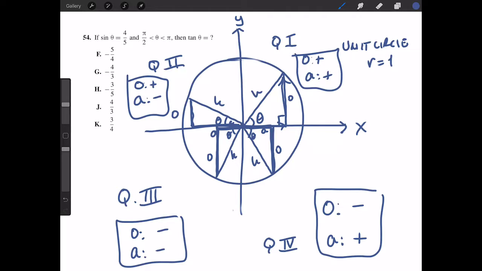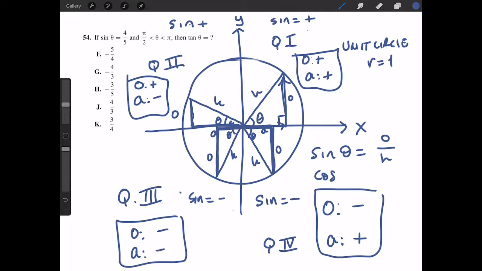Well, simply because when we talk about sine of an angle, for example, sine of the angle is always equal to the opposite over the hypotenuse. The hypotenuse is always positive, but because the opposite is going to be positive in quadrants 1 and 2, but negative in quadrants 3 and 4, sine is going to be positive in quadrant 1, positive in quadrant 2, but it's going to be negative in quadrant 3, and it's going to be negative in quadrant 4.